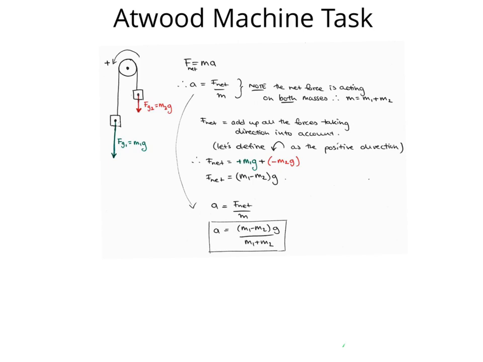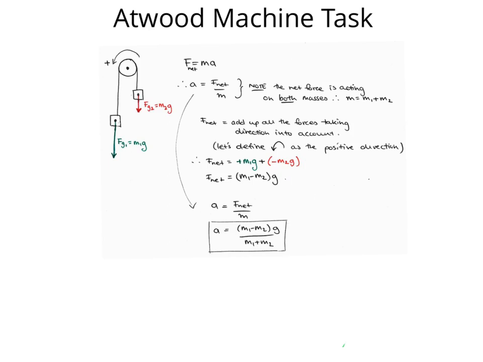So when we do that, we see that the net force acting on the system is the weight force acting on mass 1 plus the weight force acting on mass 2, but here the weight force acting on mass 2 is in the opposite direction to our direction defined above. So then, the net force can be seen as m1 take m2 times the acceleration due to gravity. So here we've just factorised g out.